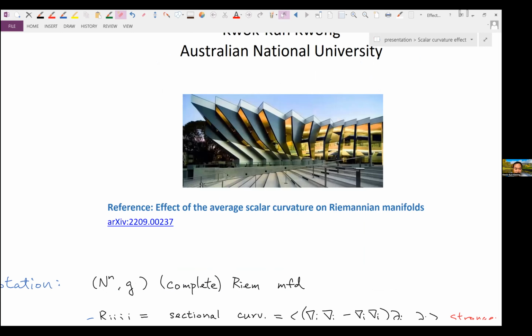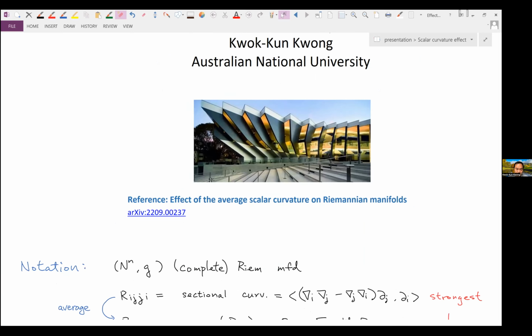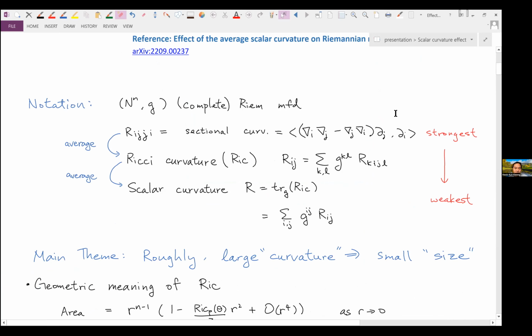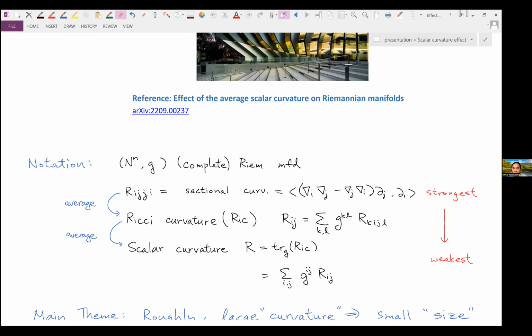So first, some notation. In this talk, N will be a complete Riemannian manifold, equipped with a Riemannian metric g, which I assume to be smooth, and often I assume is actually closed, meaning compact without boundary and orientable.